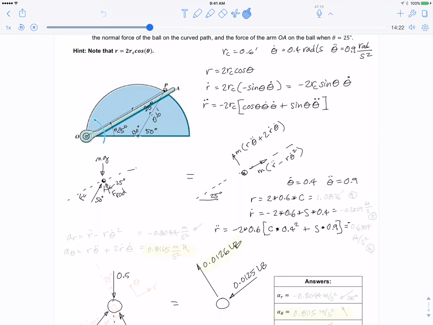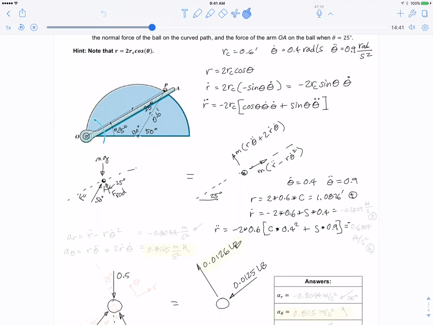So I get R is 1.0876 feet. And my calculator can store numbers, so I'm storing that in register 4 so I don't have to type it again later.